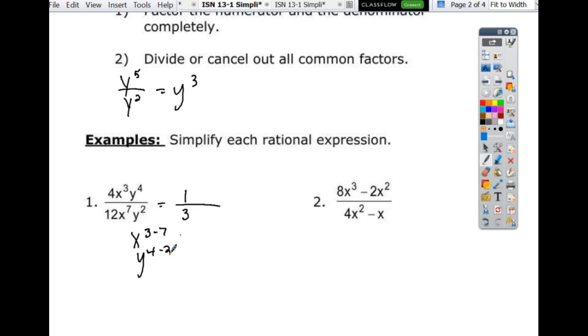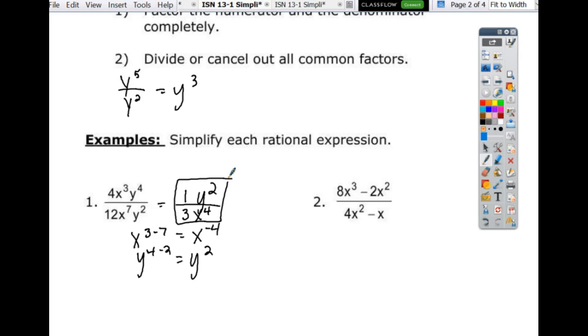So 3 minus 7 gives me x to the negative 4. When I get a negative exponent, what do I do with it? Move it to the bottom, and what do I do with the exponent? Make it positive. And y to the second is positive, so it stays on top. Is that good? We're all good, right?